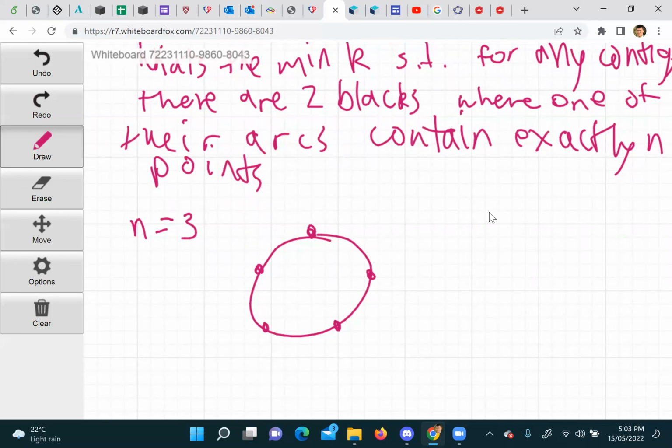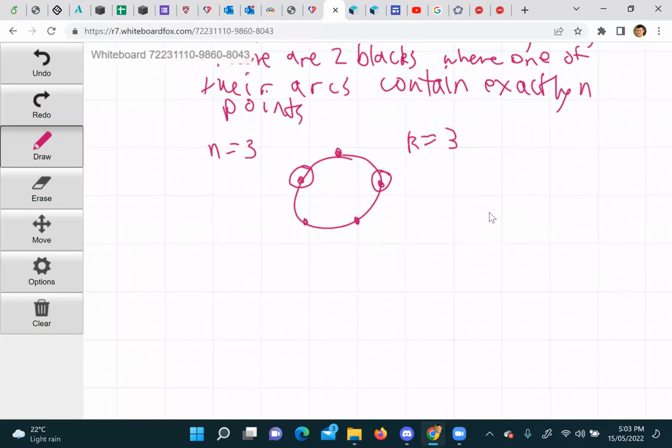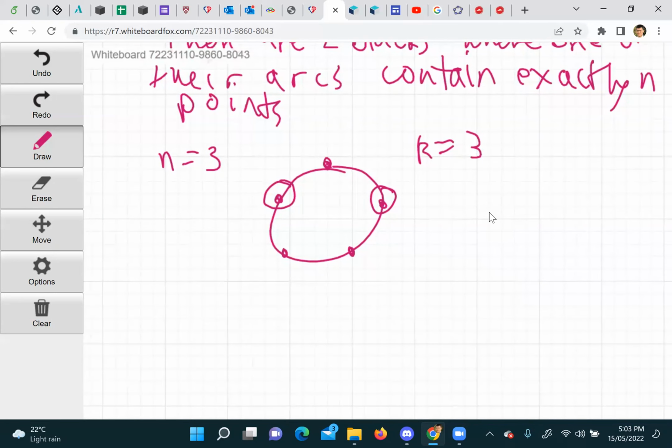So how would you pick this? You need another point, and then another point. For there to be 3, you just need 2 of them next to each other. If you have 3 things, you always have one next to each other, so k equals 3. Oh, it's 3 strictly inside, right? So you want this thing to have 3.